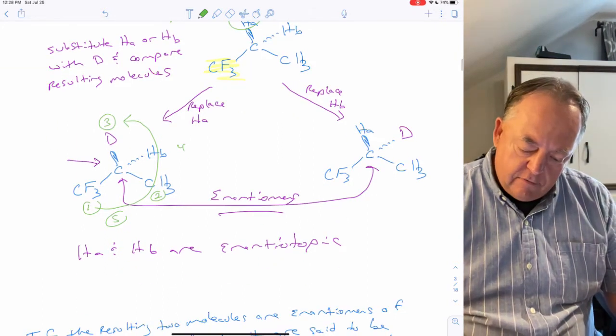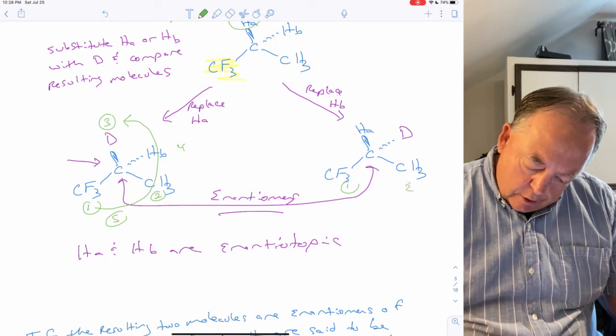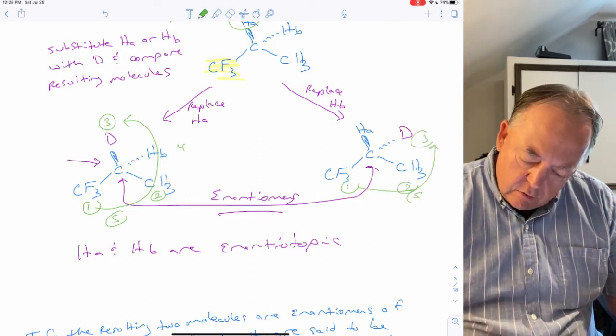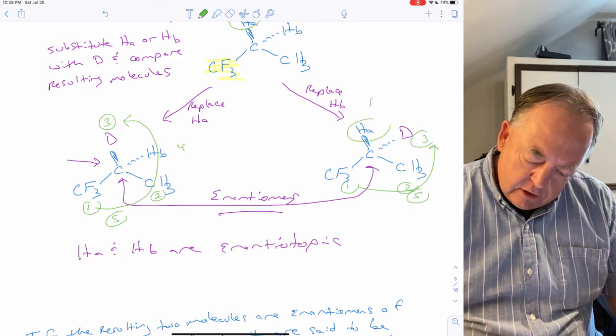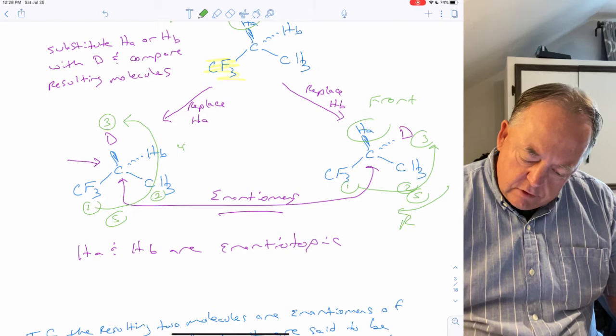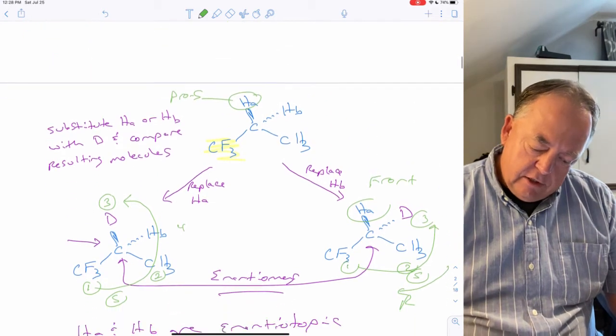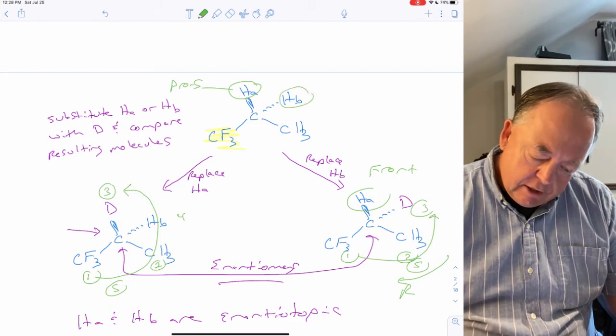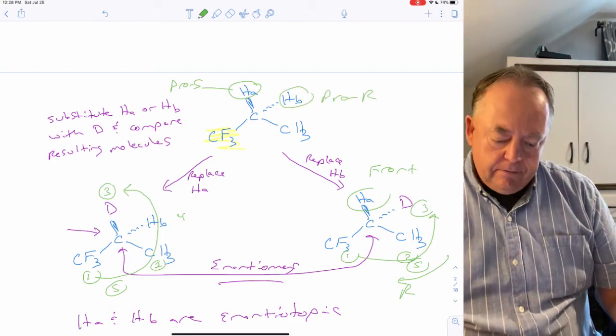hydrogen. And for this one, that's priority 1, 2, 3. 1 to 2 to 3 is counterclockwise, that would be S, but 4 is in the front, so we would reverse the arrow, so that's R. So if we swap out HB, we get the R isomer, so this is the pro-R hydrogen.